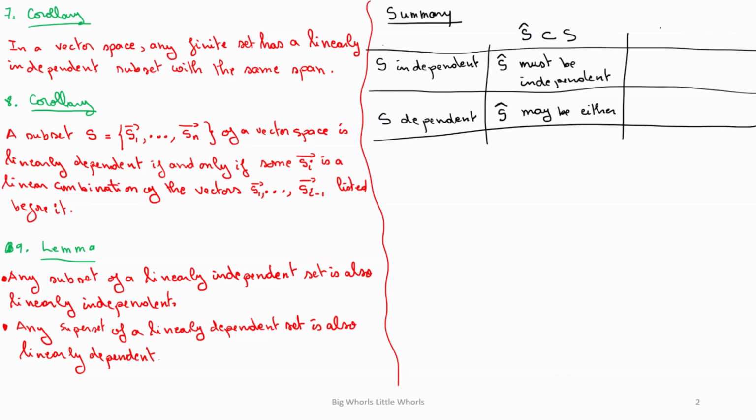Now, let's assume that S hat is a superset of S. Then, if S is linearly independent, then S hat may be either dependent or independent. But if S is already dependent, then S hat, a superset of S, must be also dependent.